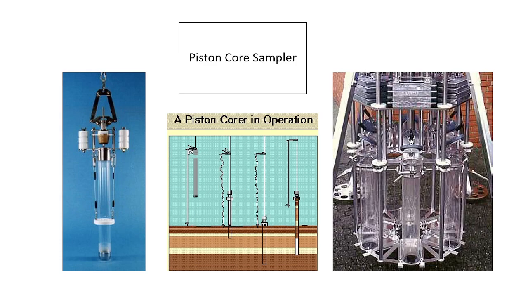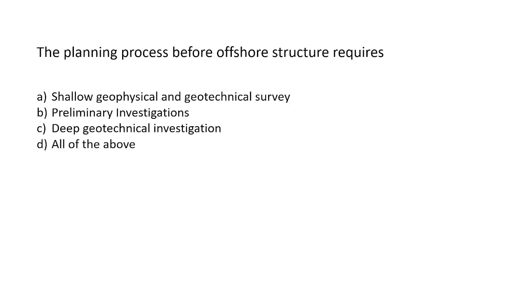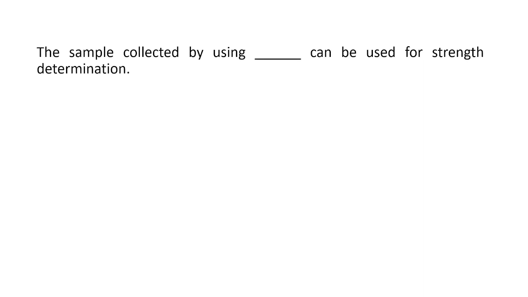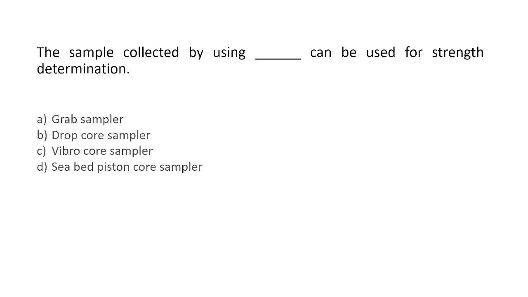So what was the question? The sample collected by using dash can be used for strength determination. Our options are grab sampler, drop core sampler, vibro core sampler, and seabed piston core sampler.